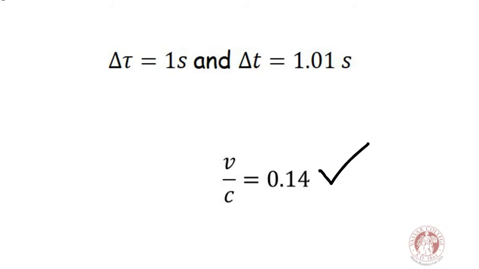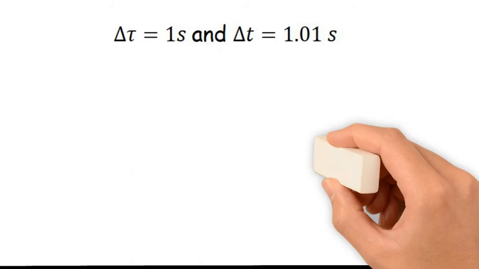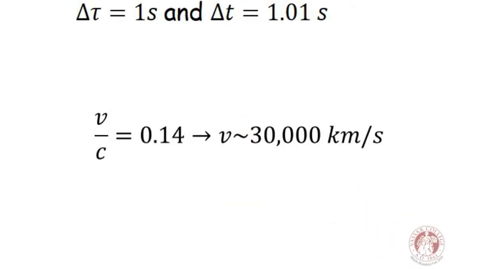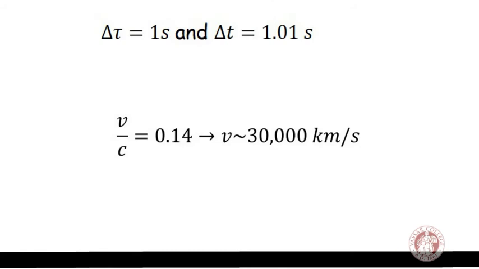This result means that in order to observe the time dilation effects, up to 1%, we need a speed of the order of 10% of the speed of light. In order to understand how huge this speed is, we should say that it is about 30,000 kilometers per second. This speed should be enough to complete a trip around the Earth in 1 second.